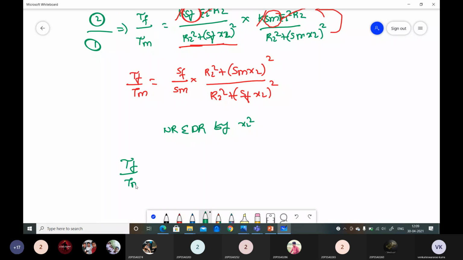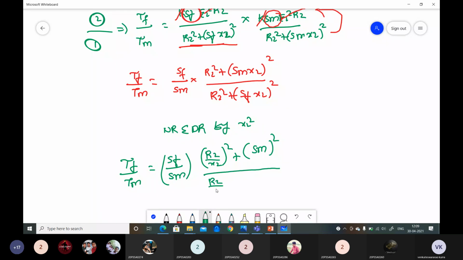So T_F by T_M equals S_F by S_M into (R2 by X2 whole square plus S_M square), because S_M X2 square by X2 square, the X2 square cancels and the remaining term is S_M square, divided by (R2 by X2 whole square plus S_F square).